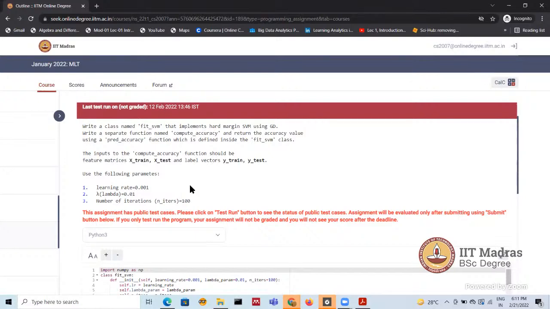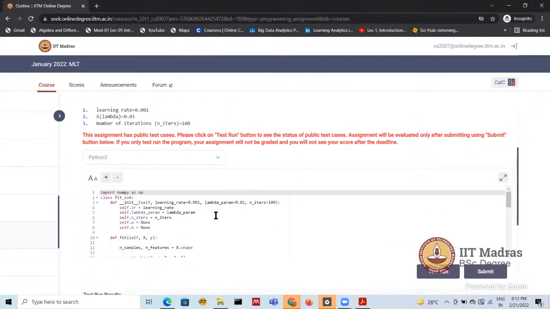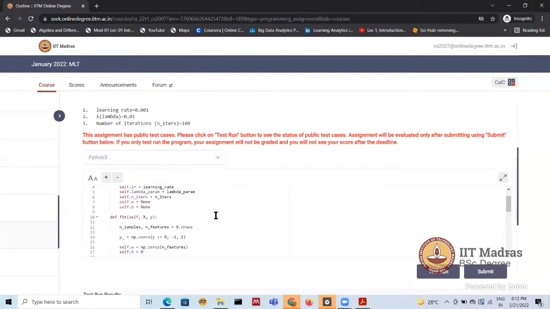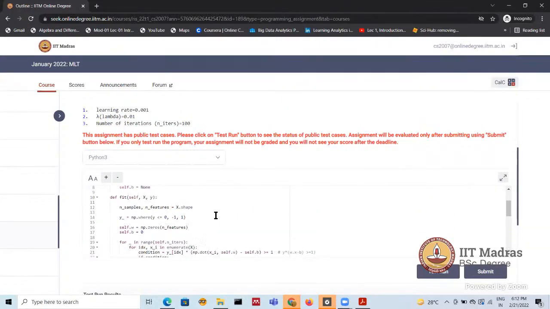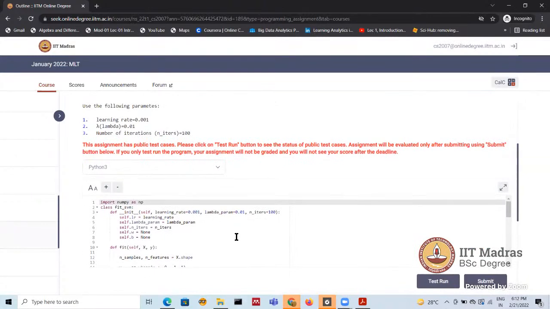For this fit SVM, you can also go through the solution code shown in your lectures. Sir is using soft SVM with C. If you set the value of C to 1, which is very small, the margin will be wider, and that case corresponds to the hard margin SVM.